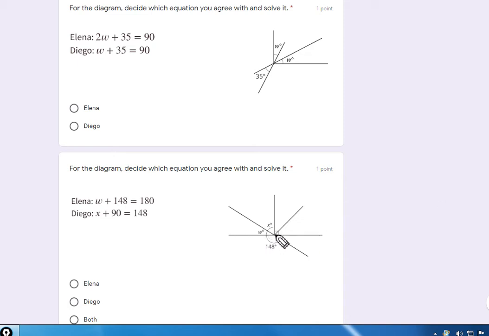This angle right here is a straight line, and right here is a straight line. So this entire angle has to be 148 because of vertical angles, just like I talked about in the one above with the 35 across from its 35. So these two angles are going to be 148. So they're both correct. Okay. All right. Moving along.